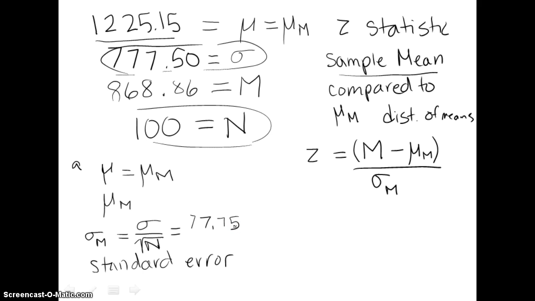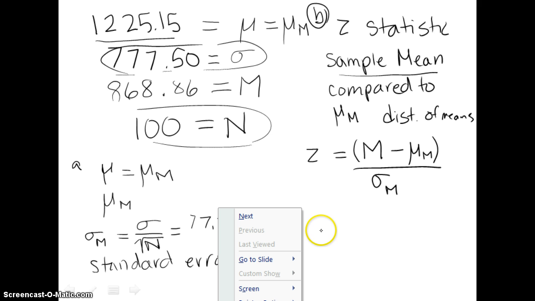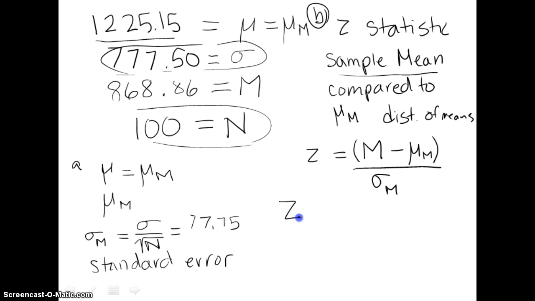Now we substitute in for B. Z equals our sample mean, 868.86, minus this population mean of 1,225.15. Notice that our sample mean is less than our population mean, so we know our z-score is going to be negative.